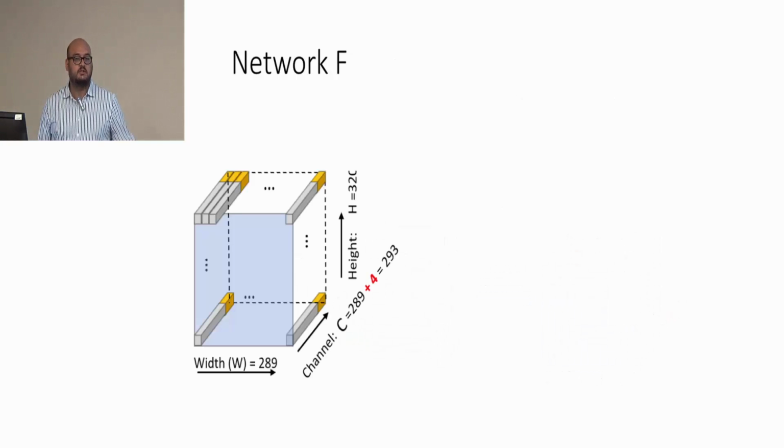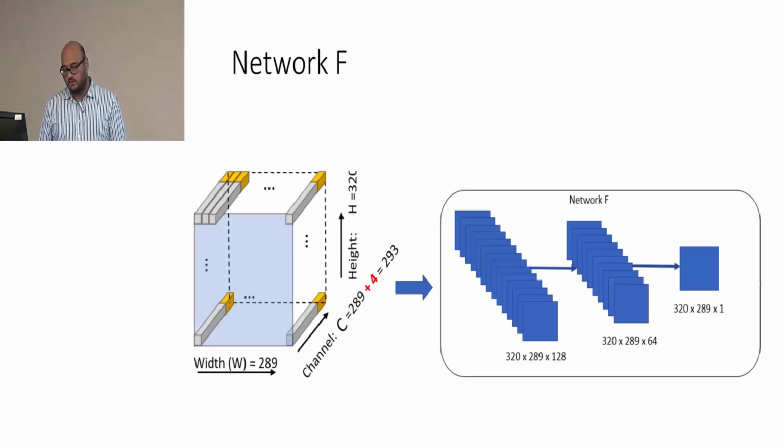This is the input we just constructed for network F, and this is how it looks. Network F is 128 kernels with receptive field 1 by 1, and we apply that to 320 by 289. We are not mentioning the channels here; it goes like that in convolution layers. So 320 by 289 activations, and we apply 128 convolution 1 by 1 filters to this, and we get 128 activation maps.